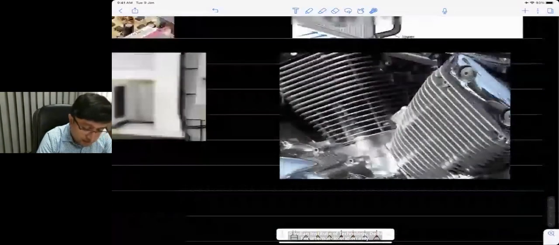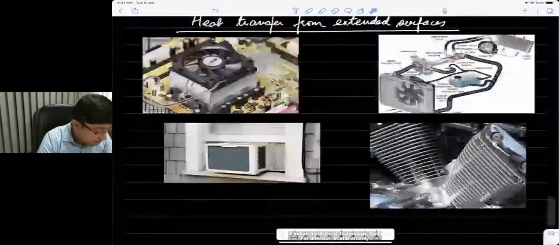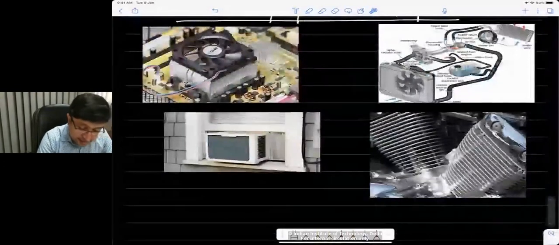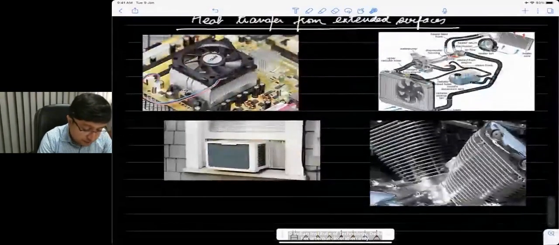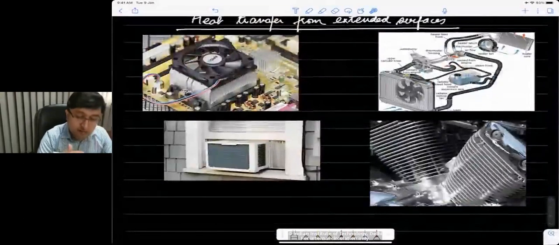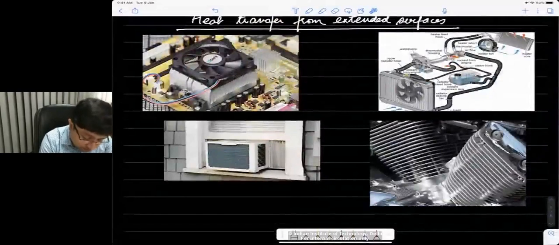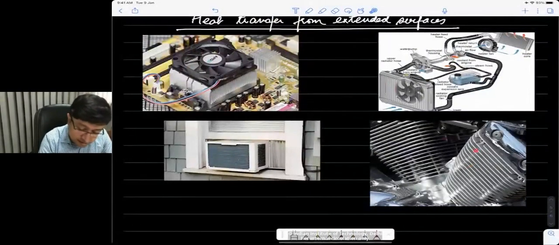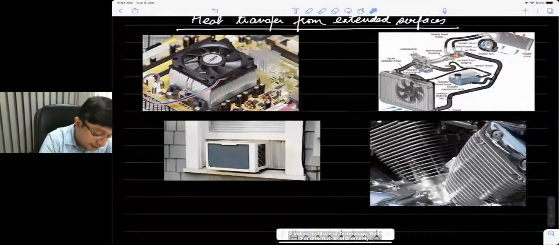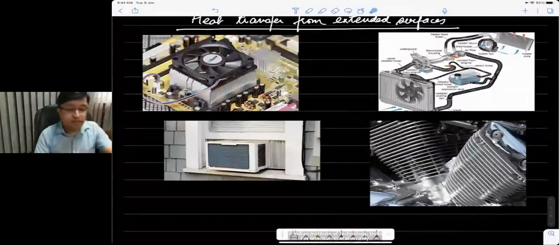What is common in all these scenarios is these extensions built on a tube or a base surface. In the case of the engine and the heat sink, you have the extensions built on a surface.